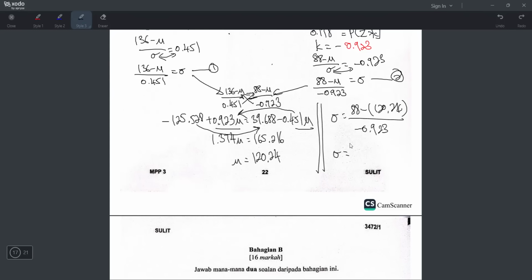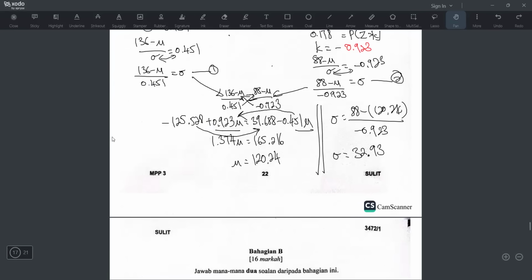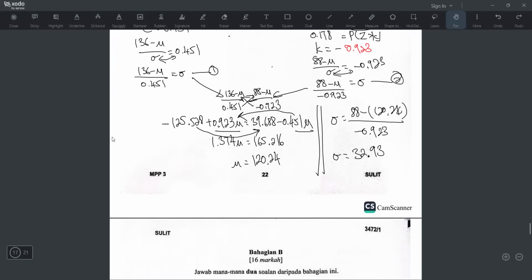And then answer divide bracket negative 0.923. Okay, it should come out positive, because standard deviation cannot be negative. So 34.9295, so 34.93. Yeah, just write in four significant figures. So 34.93 is the standard deviation. Okay, that's all. The soalan asked for mean and standard deviation. So this is how I would do it. Okay, I'll continue.